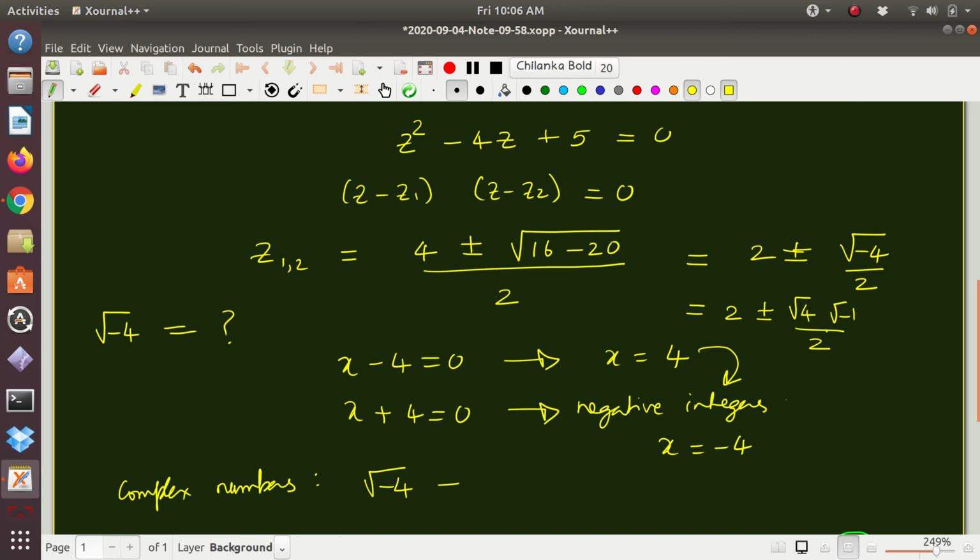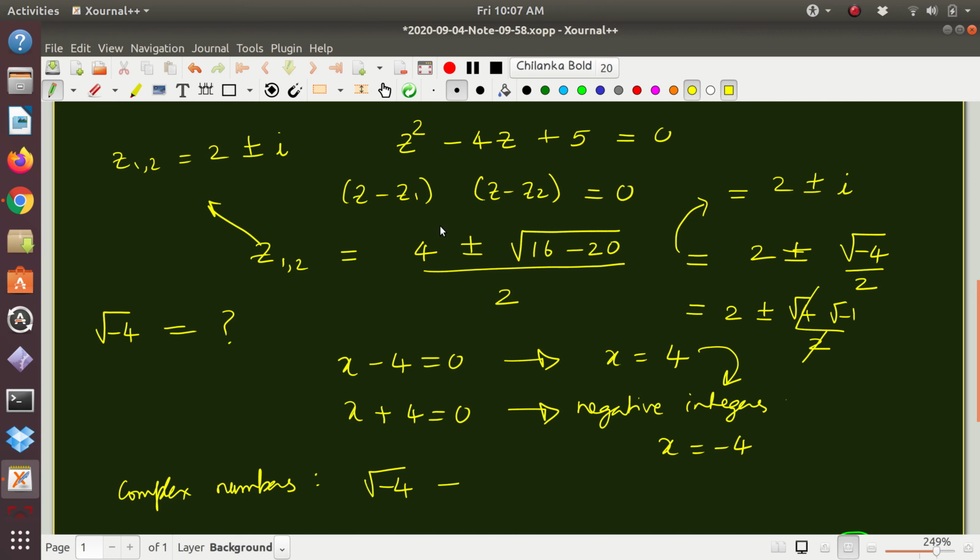Square root of 4 is 2, so this will cancel with this, so this is nothing but 2 plus or minus i, because square root of minus 1 is i. So these are the two roots. For this equation, the two roots are z1, 2 equal to 2 plus or minus i.